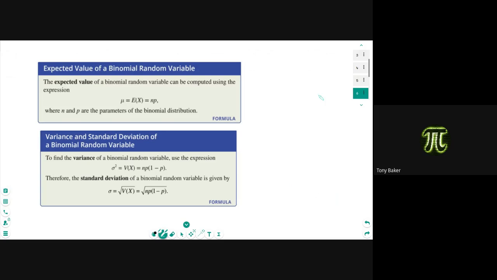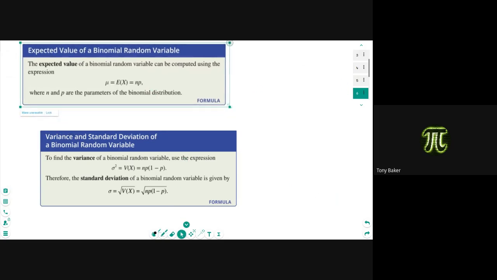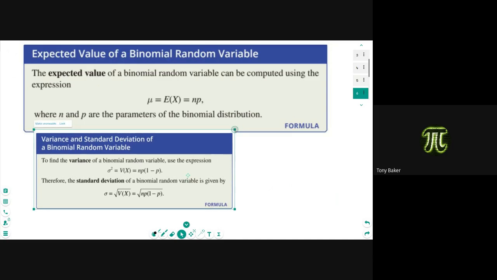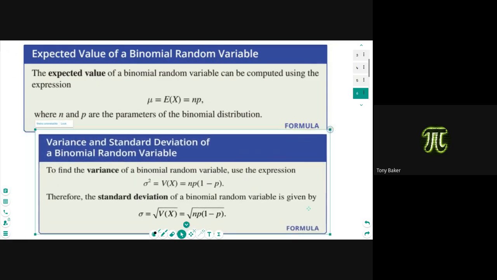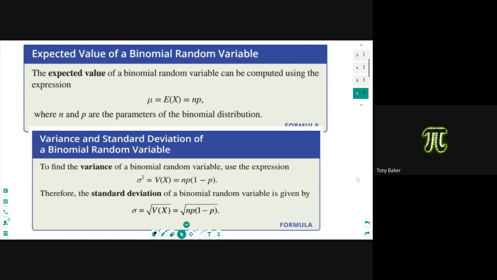So mean is your expected value. Remember, mean and expected value are the exact same things. So mean is just your n times p. Okay. So it is the number of trials times the probability.